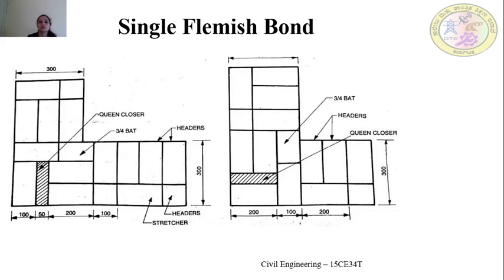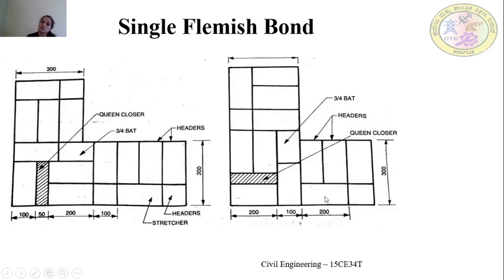Let's look into this picture, that is English Flemish bond. Since it is Flemish bond, we know alternate header and stretcher should come in each course. Imagine this is the first course and this is the second course, the odd course and the even course. In the odd course, we have placed the stretcher. Next to the stretcher, we have placed the header. Next to the header, one more stretcher.